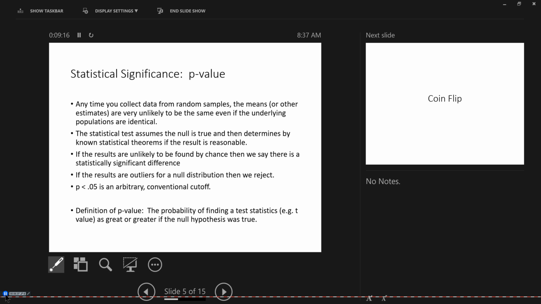And if you flip a coin and it's a fair coin and you flip it 100 times, you're not likely to get 50 heads. I mean, you have a better chance of getting 50 heads than any other number, but it's not very likely you're going to get 50 heads. It's not 50% of the time you're going to get 50 heads.